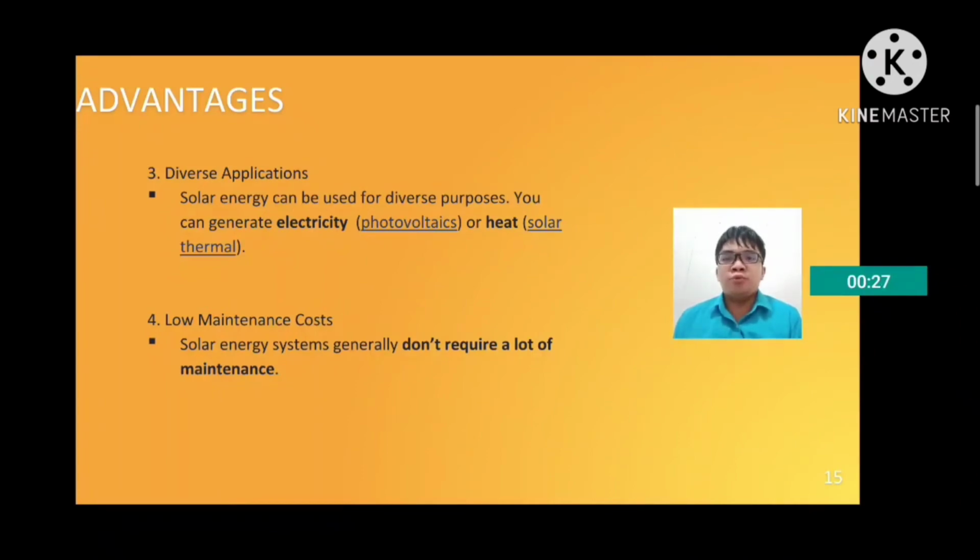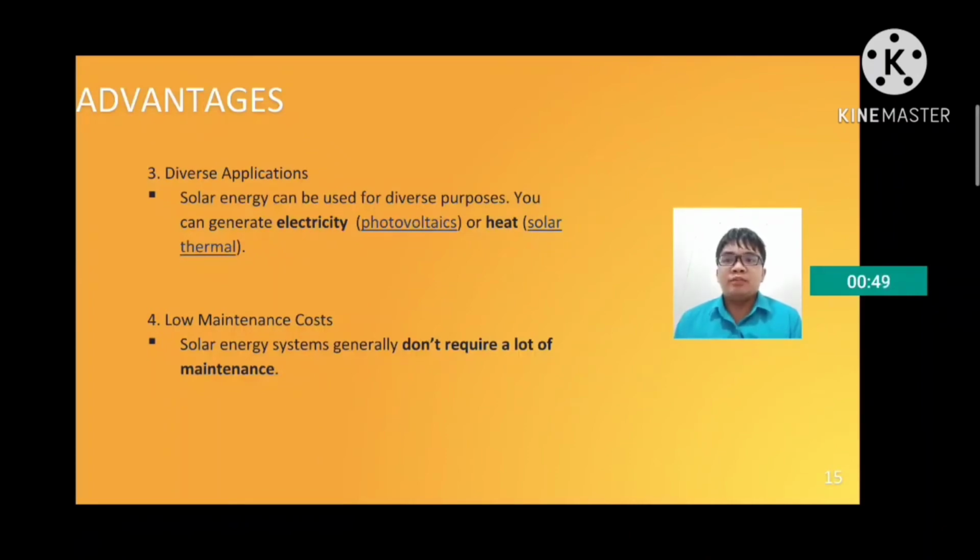This proves the point that I discussed in the earlier slides. Aside from this, we can also use solar energy to distill water for areas without access to a clean water supply. And it can also power our space satellites.